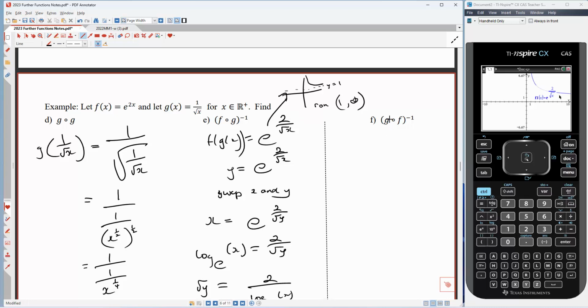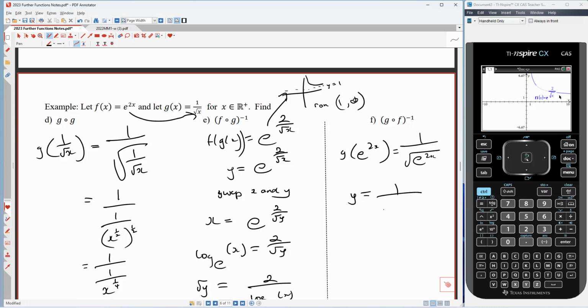Okay, the last one, we need to invert g of f of x. So I think I need to work out g of f of x first. So g of, now f of x is e to the 2x. So that's going to be 1 over root, and we're going to put that in for x. Okay, so that's g of f of x. Now we need to invert this thing. Far out.